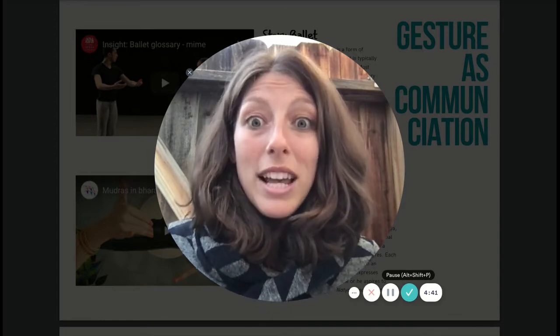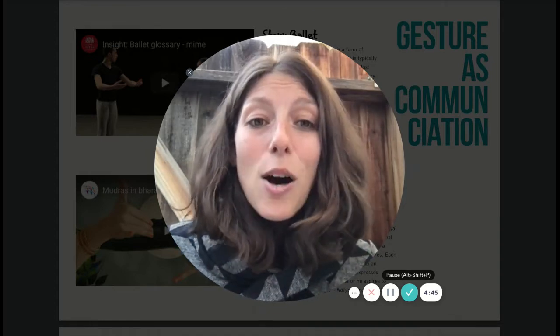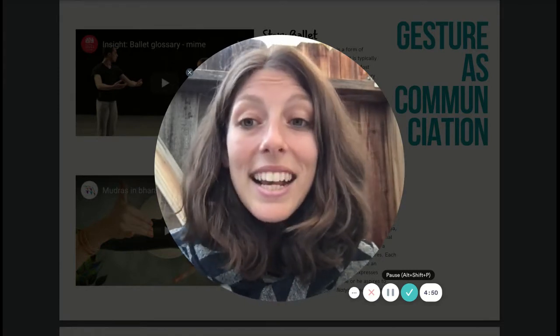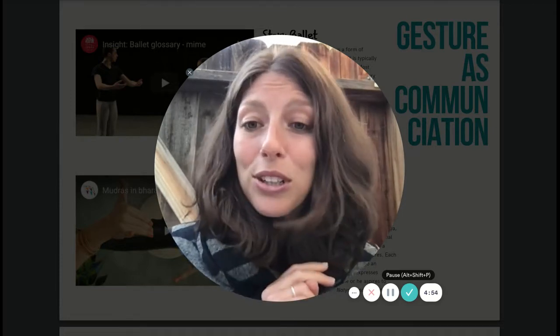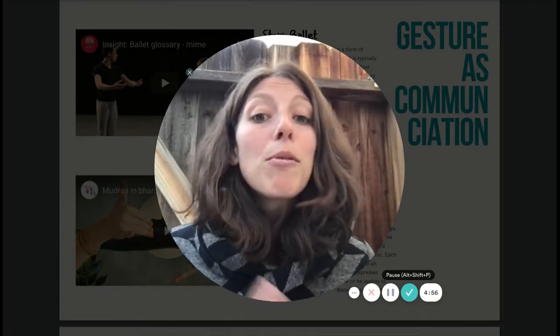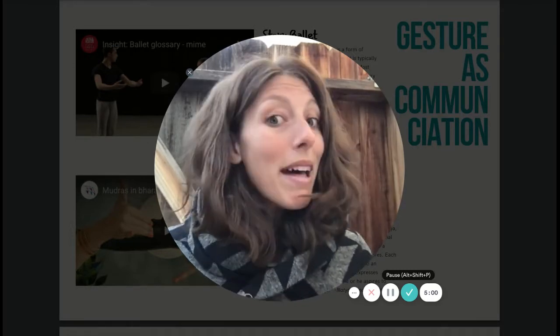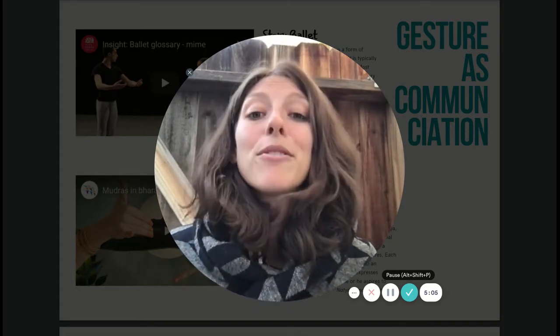It can help express a narrative. So let's look at a couple of uses of gesture to tell a story in a couple of different cultural dances. The two we're going to look at today are Bharatanatyam, a style of classical dance from India, and ballet, a style of classical dance originally from France.